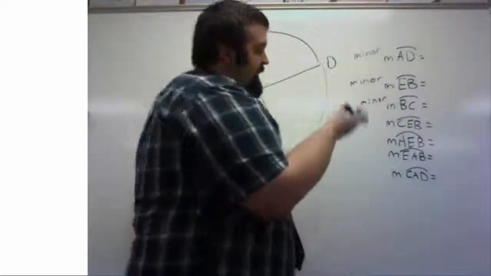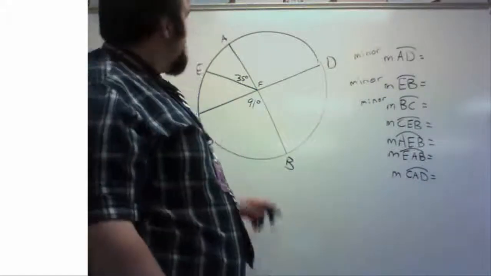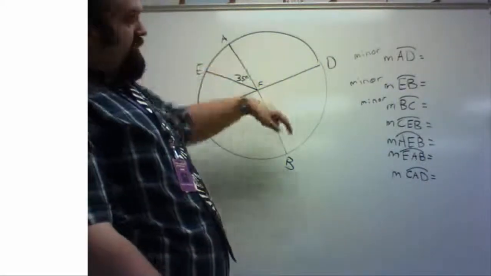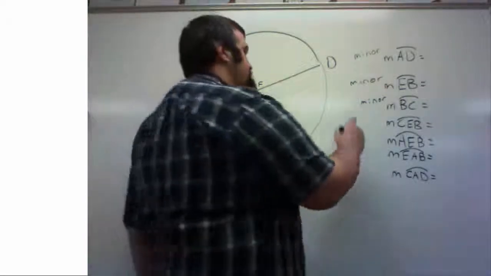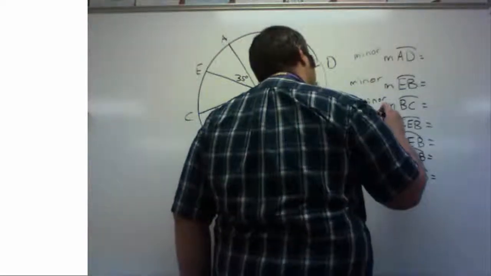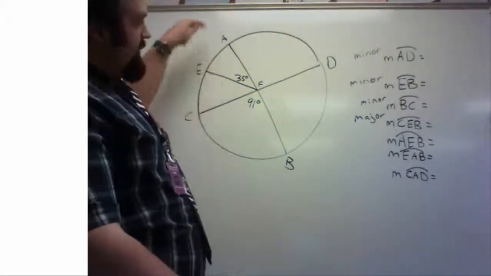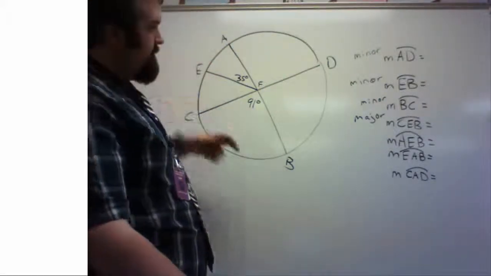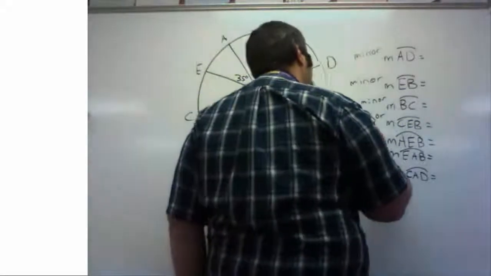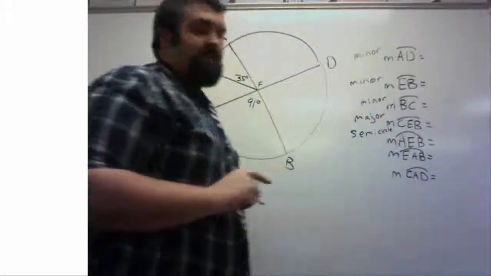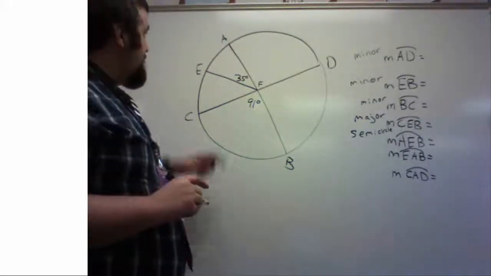Alright? These next three, I'd have to look. Arc CEB, that's more than half the circle, so it's a major. Measure of arc AEB. AEB, segment AB is a diameter, that's half the circle, so this is a semi. Arc EAB.